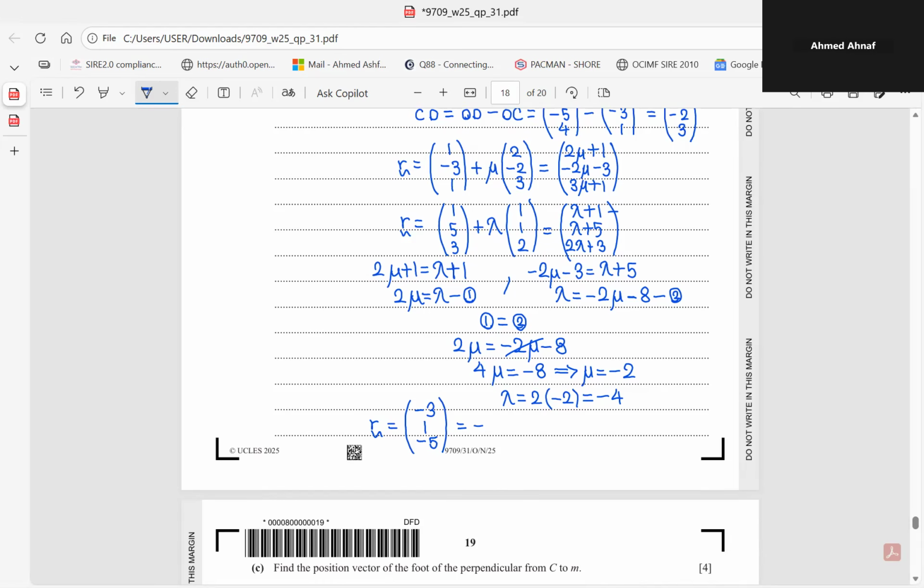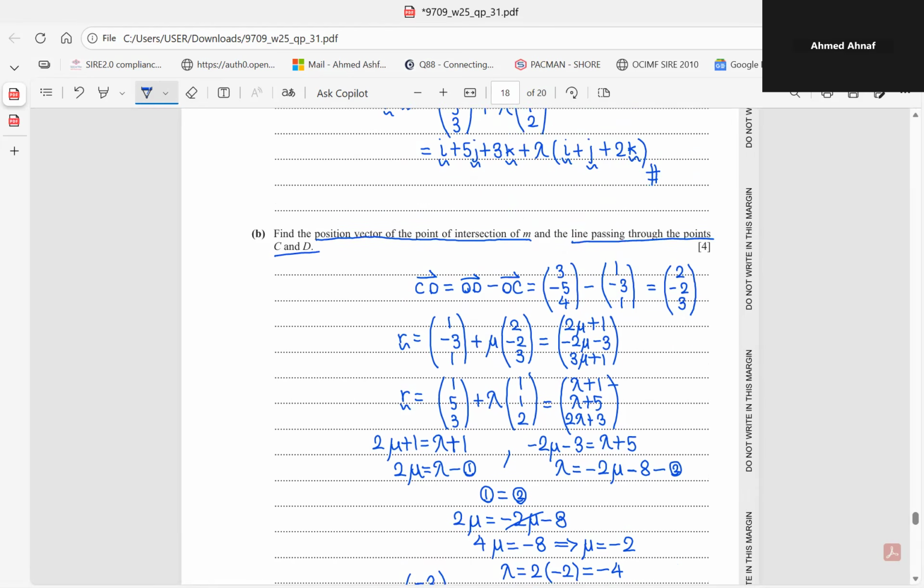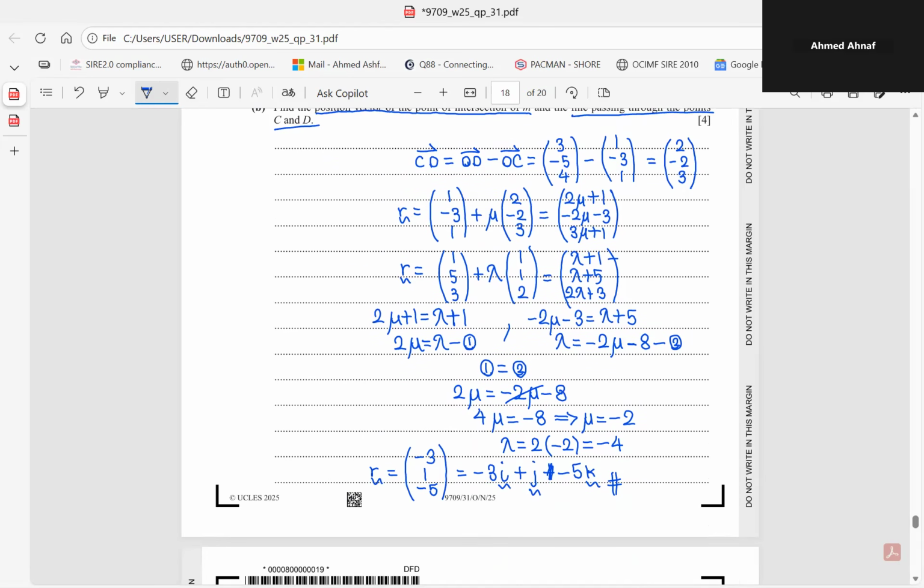Yeah, so this is our position vector minus 3i plus j plus minus 5k. So yeah, this would be our final answer for this second part.